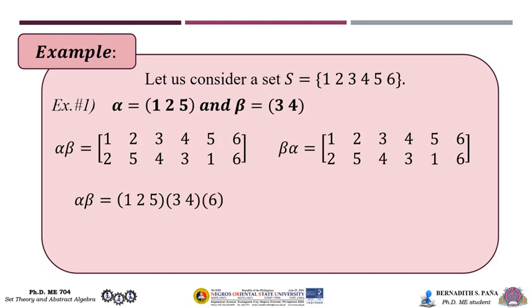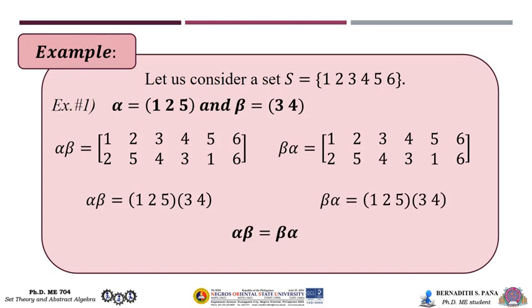And next, 6 maps itself. Usually, single cycles are not written anymore. Therefore, alpha beta can also be written as 1, 2, 5, 3, 4. And that is the same with beta alpha since they have the same values. So obviously, alpha beta is equal to beta alpha.